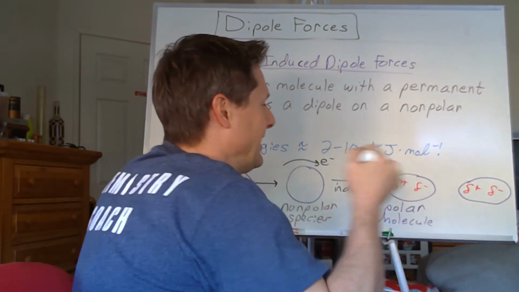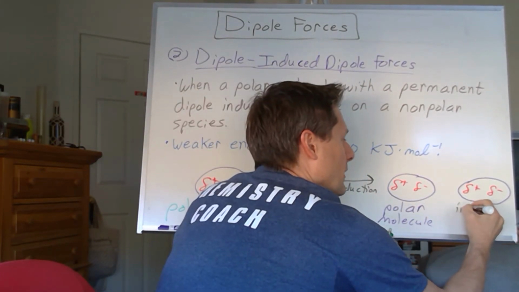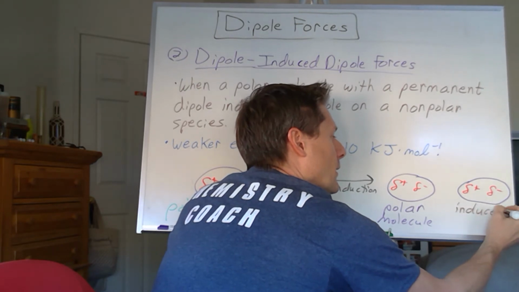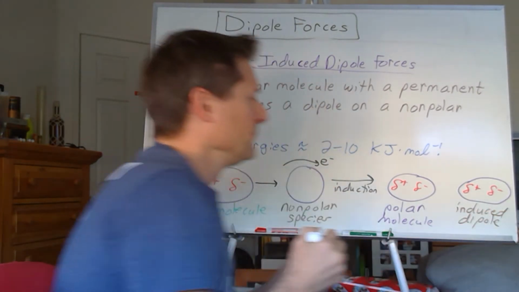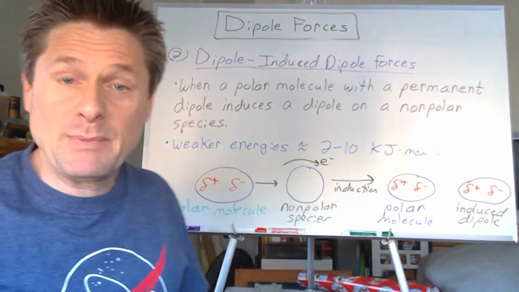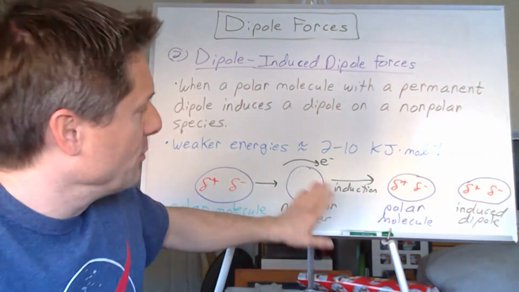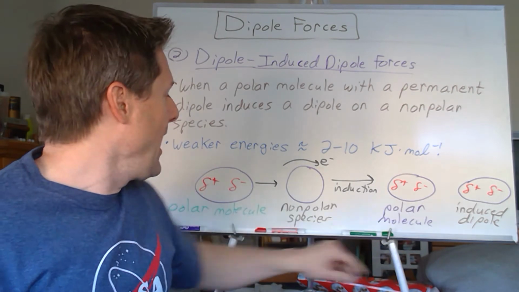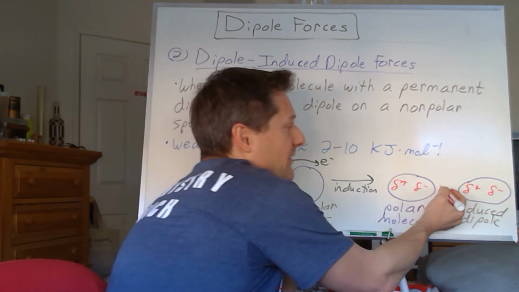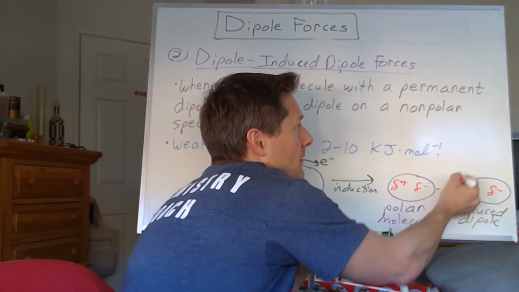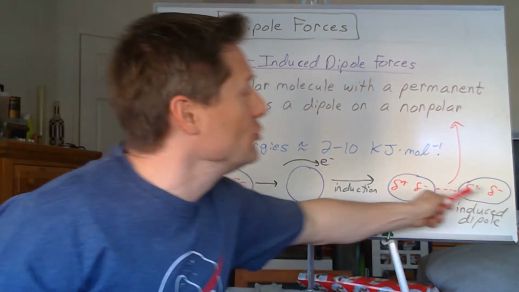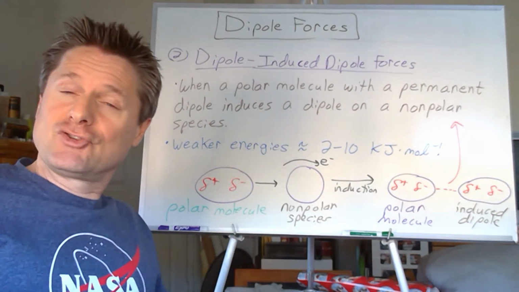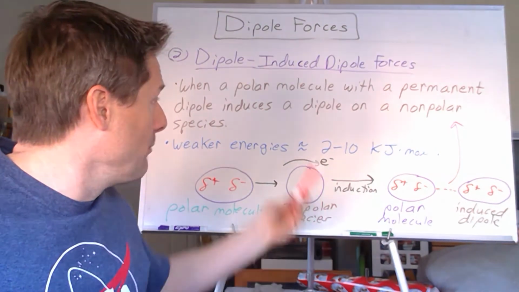So we'll put an induced dipole here. So that nonpolar symmetric species, the symmetric charge distribution becomes asymmetric, and then now you can see you get this attractive force. And that's your dipole, induced dipole attraction. Oh, all right, much weaker forces.